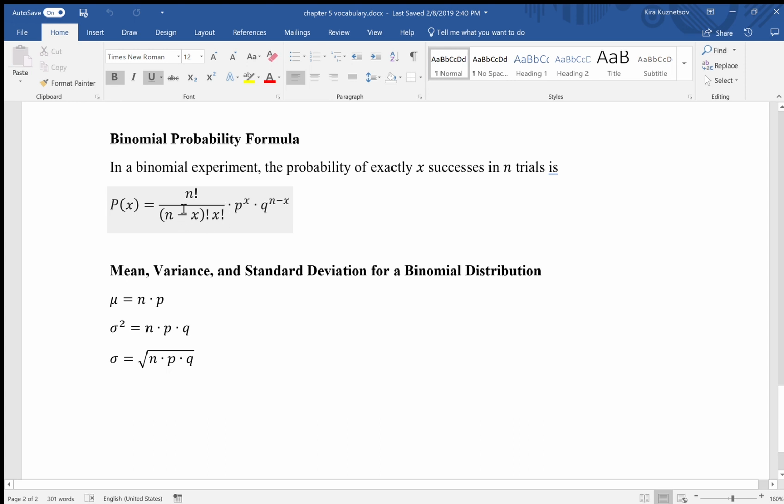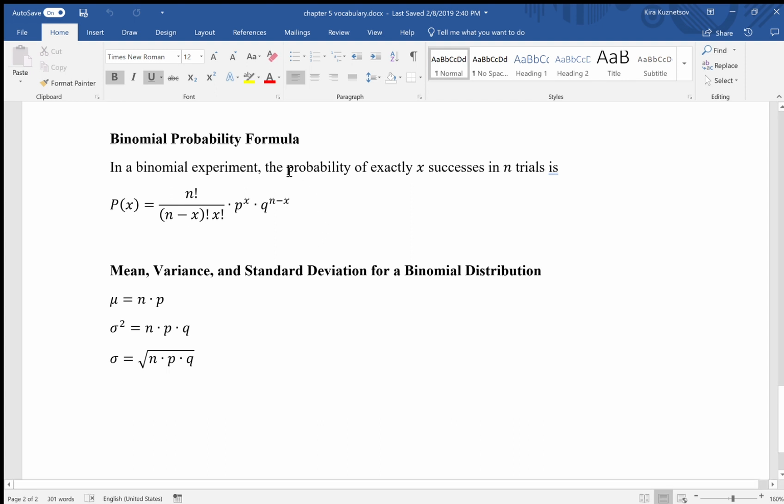And notice that this n factorial, n minus x factorial, these are your choosing numbers. So this is why it's under probability. This is why all of this is programmed. The connection between choosing numbers and the binomial probability formula is work of mathematics of the 17th, 18th century.